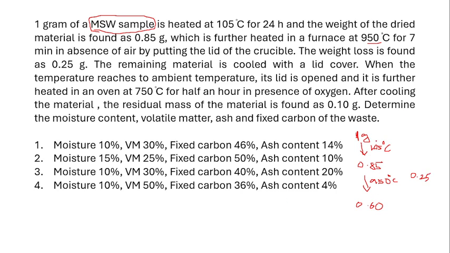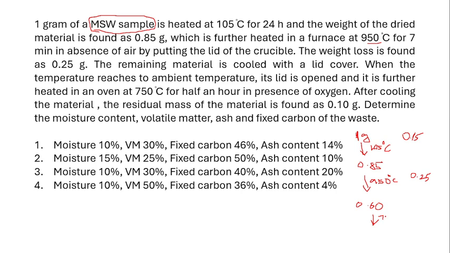Okay. And here the weight loss is 0.15. 1 minus 0.85 is 0.15. Okay. Next, again, this 0.6 gram sample is further treated. When the temperature reaches the ambient temperature, its lid is opened and it's further heated in the oven.